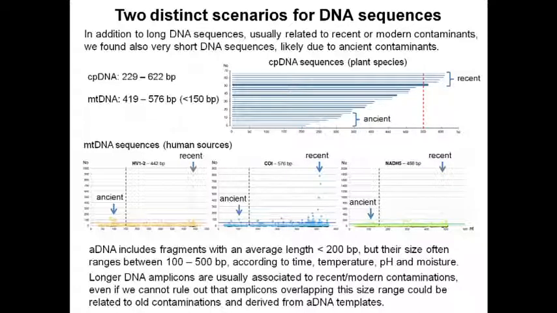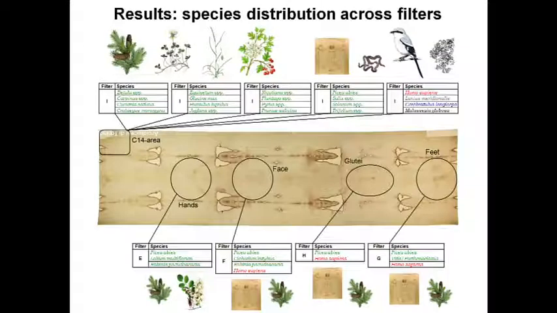For human sources, mitochondrial DNA sequences were ranging between 419 and 576 base pairs. But fragments shorter than 150 base pairs were very often found. So we got DNA sequences related to ancient, but also to modern contaminations.